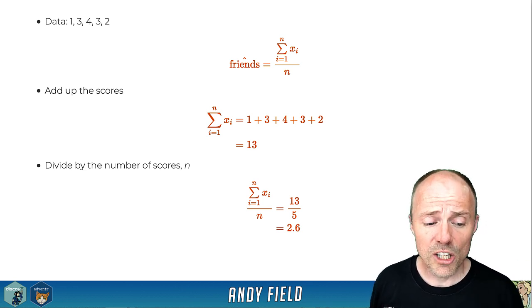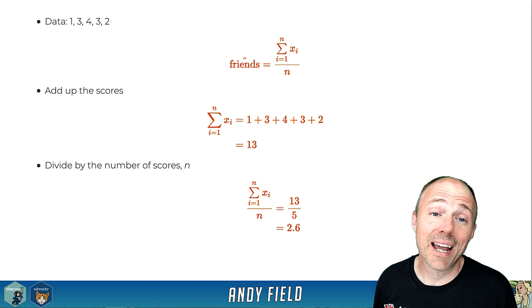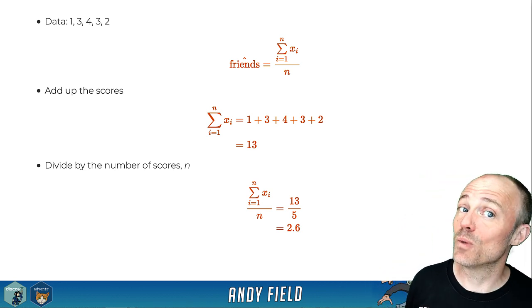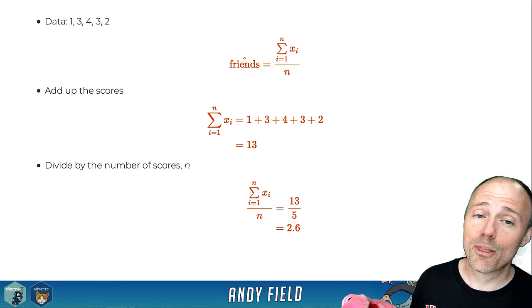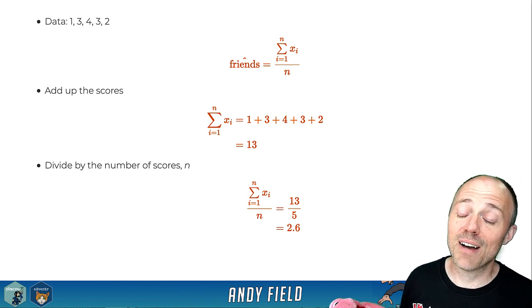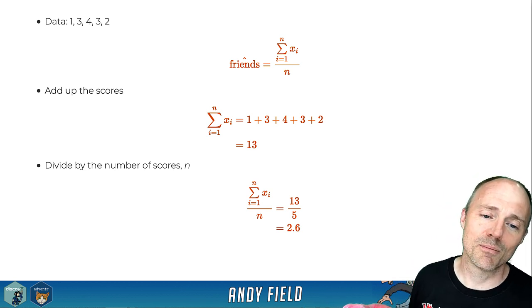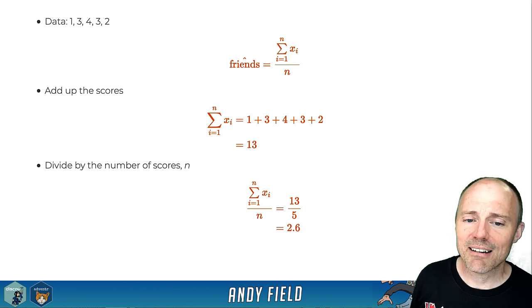As we fit more complicated models, the equations get more complicated, and we don't need to know them or get involved with them. But essentially they're doing the same process as this. They're fitting mathematical equations that will give values of the betas that have the least squared error in much the same way as the mean. An important point here is the mean that we get here is 2.6.